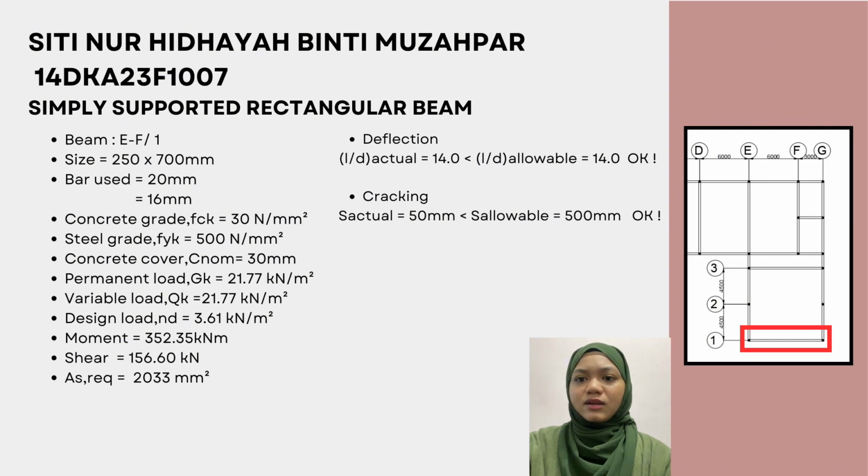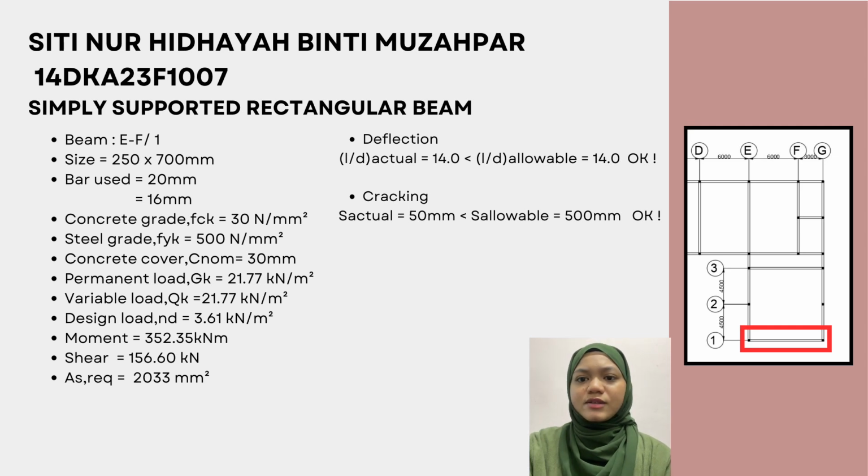In the structural check, for deflection, the actual span to depth ratio is 1410, which makes the allowable limit of 14.0. So the beam passes the deflection requirement and will not experience excess sagging.